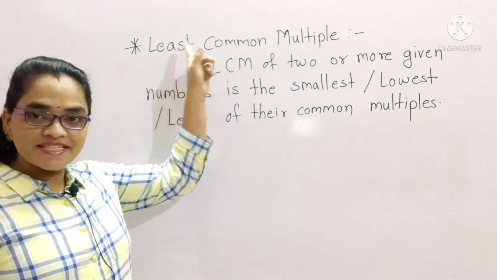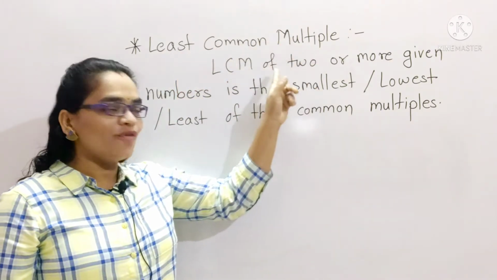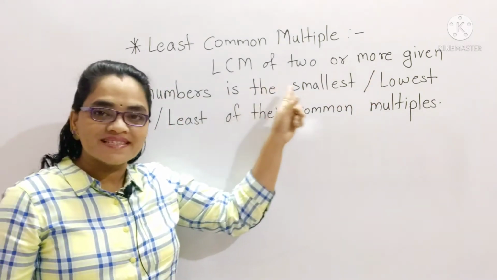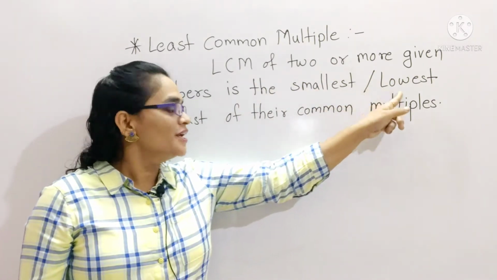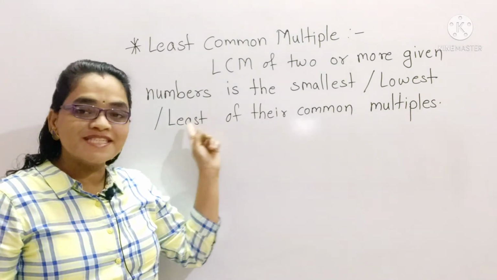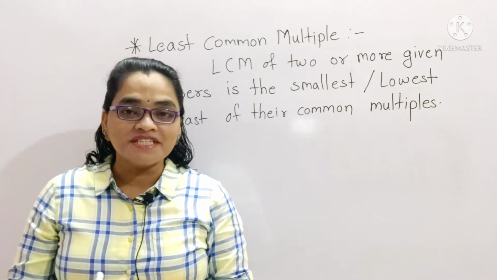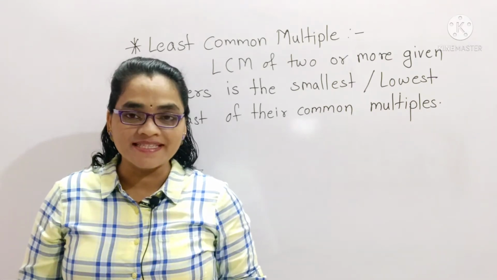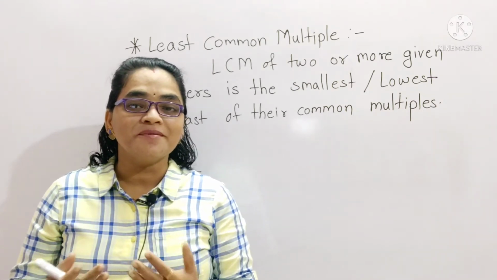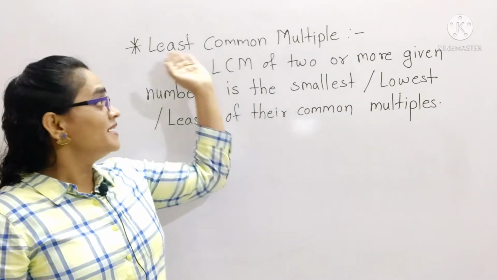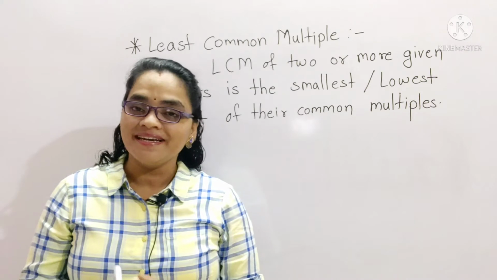The LCM, least common multiple of two or more given numbers, is the smallest or lowest or least of their common multiples. To find the LCM of given numbers, we find their multiples, and the smallest common multiple is the LCM.